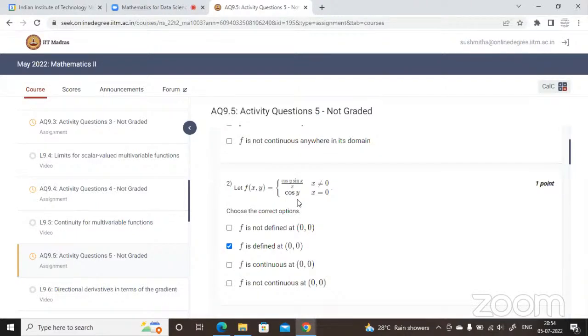And cos y is a continuous function. What is f of (0,0)? Cos 0, which is 1.